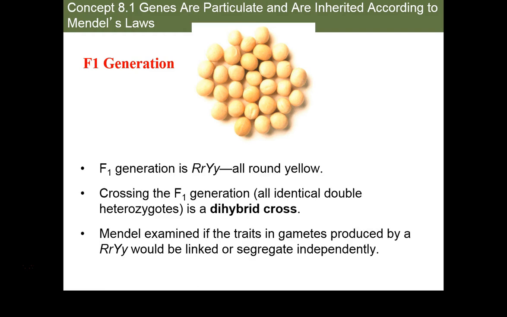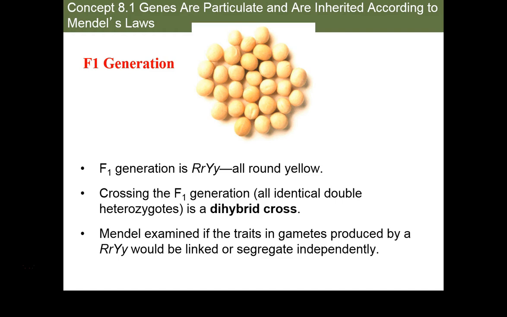In the F1 generation, all the pea plants showed the dominant phenotype, round yellow, the genotype being big R, little r, big Y, little y. He then crossed this F1 generation in what is called a dihybrid cross, since he is looking at two traits.